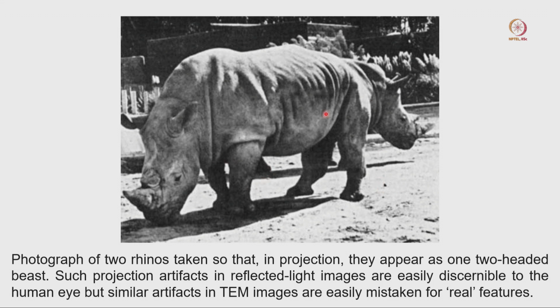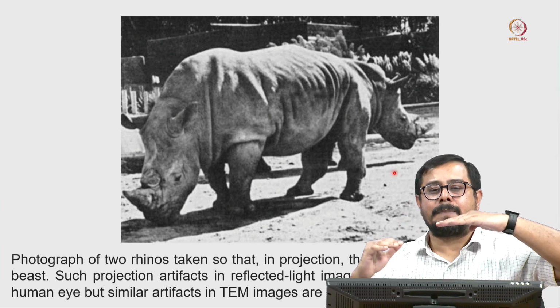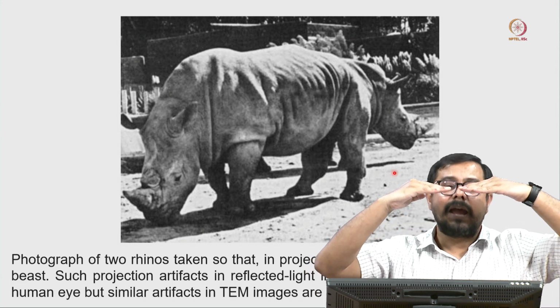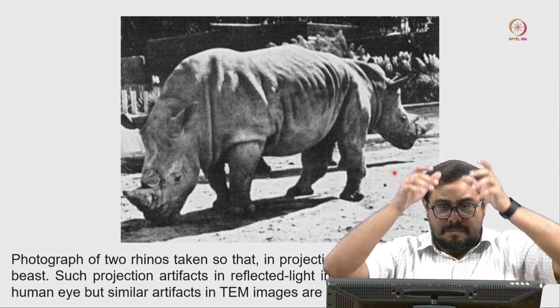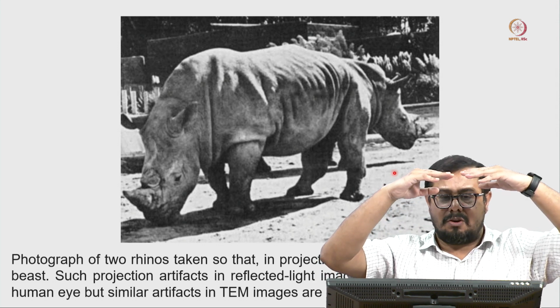Here also you can see this kind of artifact when we do electron microscopy, especially transmission electron microscopy. Here is an example. Just imagine that this is a sample, and there is another sample like this. If they are separated from each other, this is a 3D object and the electron beam passes through the sample, and we get a 2D image of that 3D object.